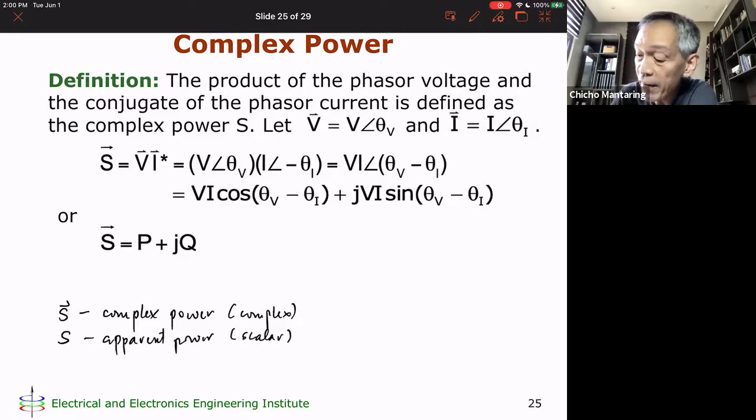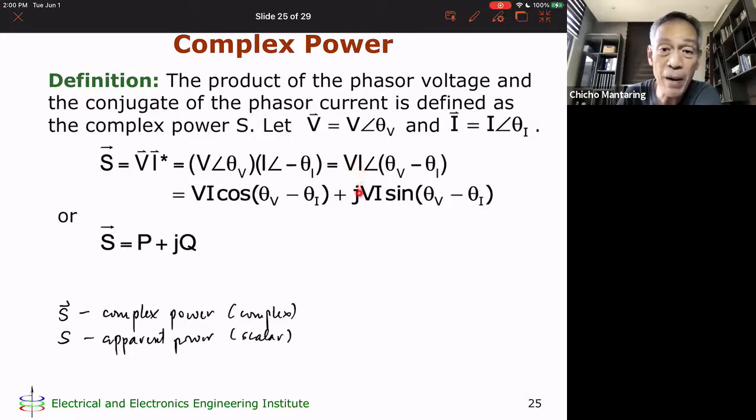So if I carry out this computation, V times the conjugate of I, this is V and this is the conjugate of I. How do you get the conjugate? You just make the angle negative. Then you carry out this complex multiplication. This is going to be VI at an angle theta V minus theta I. If I convert this to its rectangular form, this is VI cosine of theta V minus theta I. That's the real part.